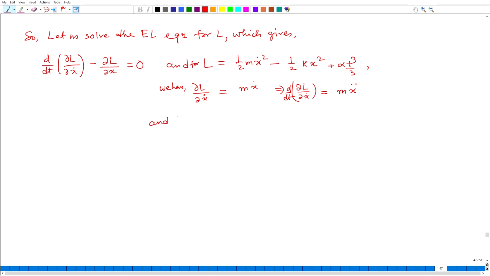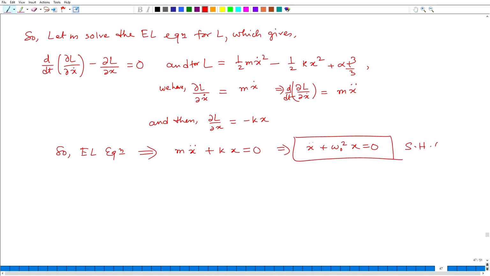And then ∂L/∂x is again minus k x. So, the Euler-Lagrange equation will give you m x double dot plus k x is equal to 0, okay, or x double dot plus omega 0 square x is equal to 0.